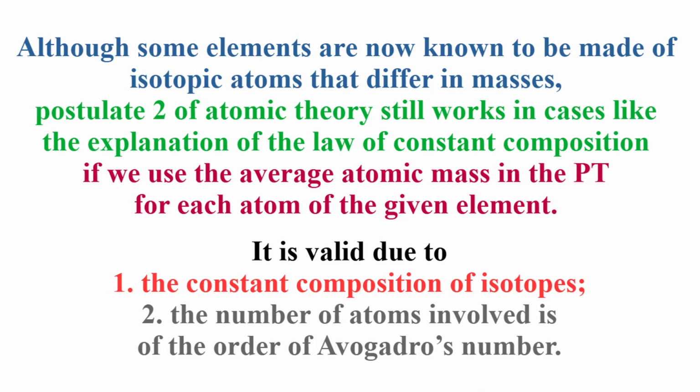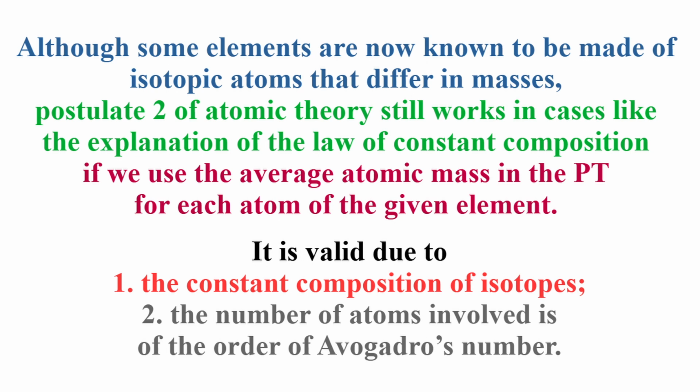One may validly wonder about the applicability of postulate 2 of atomic theory given the existence in nature of isotopes of an element that have different masses. But it is still applicable when we use the average mass of the isotopes as the mass of each atom.